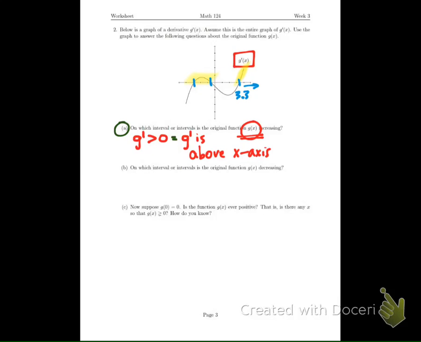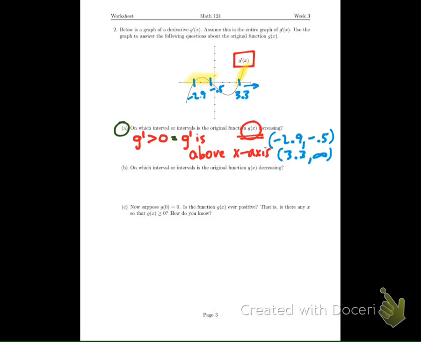So 3.3 to infinity, and then what is this, like negative 2.9? I don't know, and then all the way over to like negative 0.5, something like that. We can't know for sure because we don't have clear x-intercepts, but those are the intervals: from negative 2.9 all the way to negative 0.5, and then also from 3.3 to infinity.